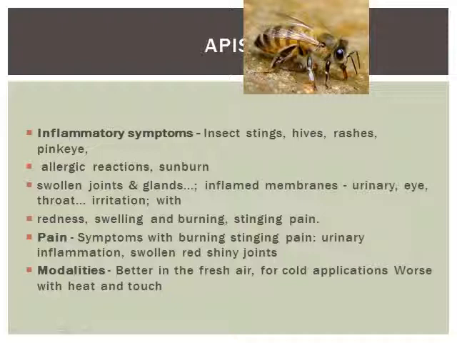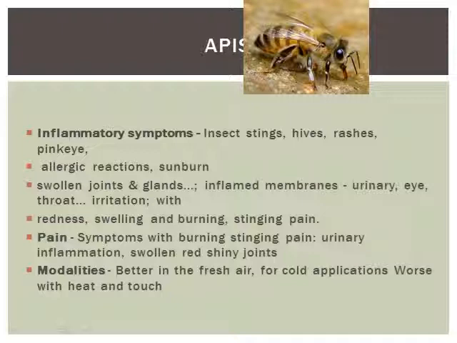The modalities associated with Apis are being better in the fresh air and from cold applications, because it's really hot and burning, and worse from heat and touch. So interestingly enough, because it's like cures like, not same cures same, Apis is not the number one remedy for bee stings.